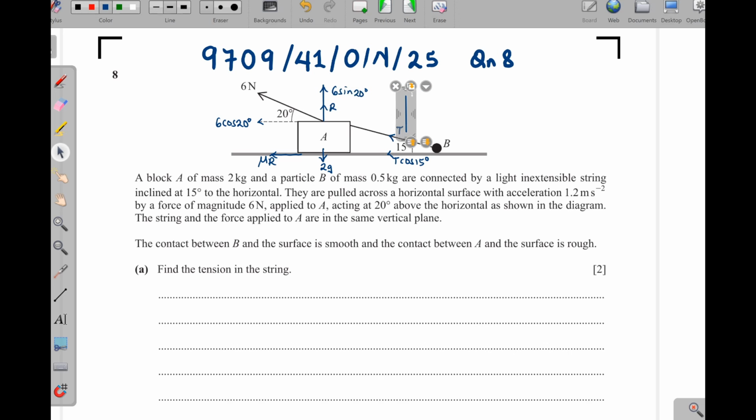So vertically, we are going to have T sine of 15. Of course, here we shall have the mass of B is 0.5, so you have 0.5g.